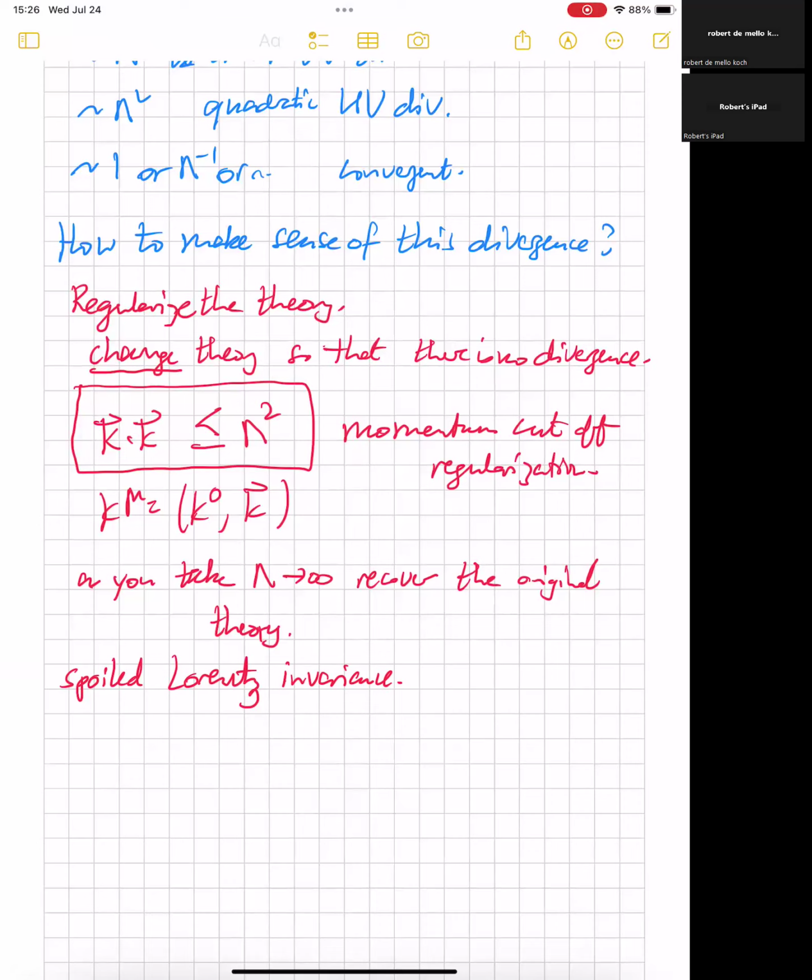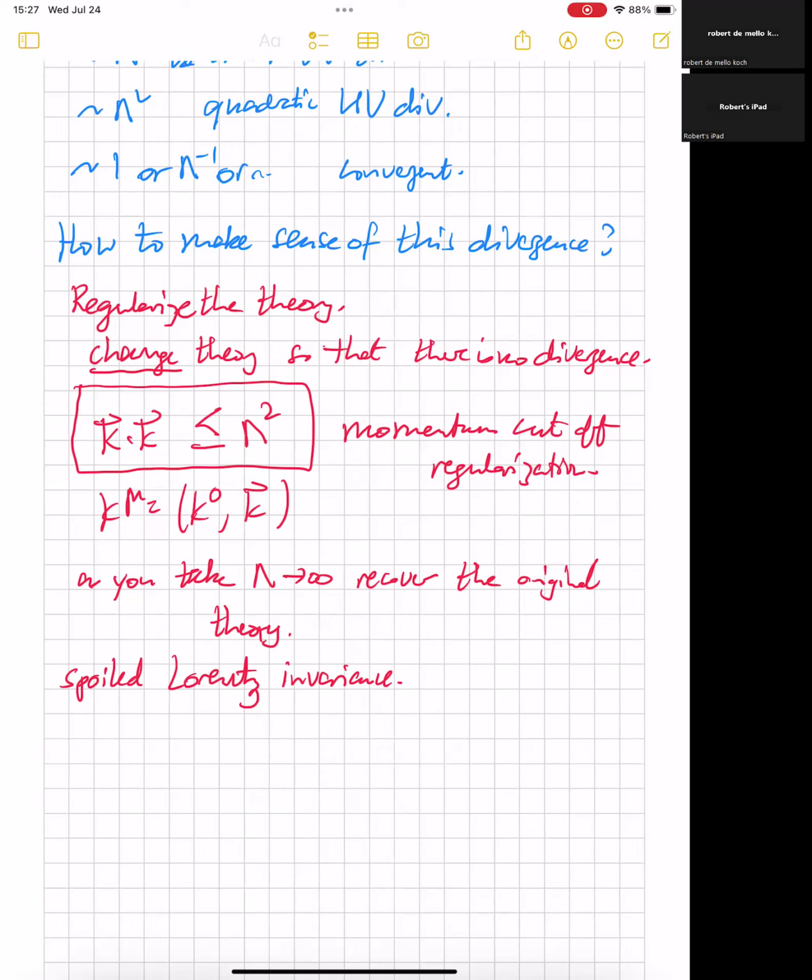Well, I'll keep boosting, but there'll be a point at which the next boost will take me past the value of k dot k equal to lambda squared. So there'll be a boost that will push my momentum outside of the range allowed by the cutoff. So not every boost can be performed. There are some boosts that I'm no longer allowed to apply. So obviously the theory is not Lorentz invariant.